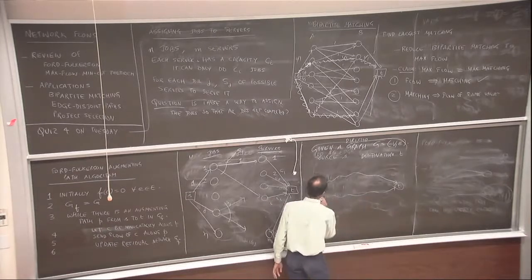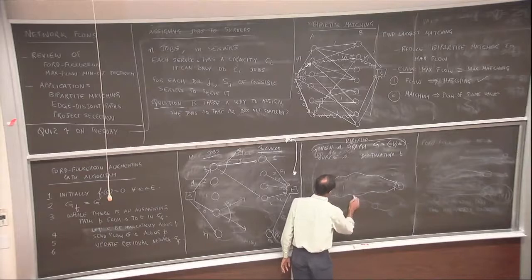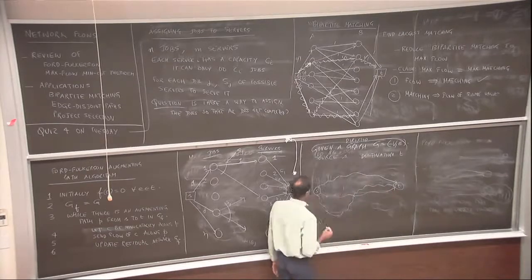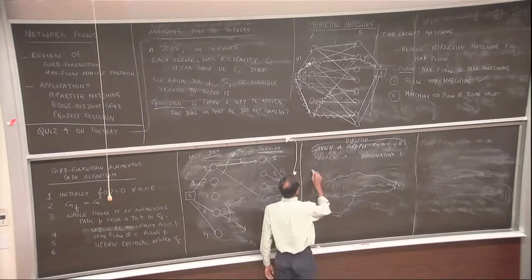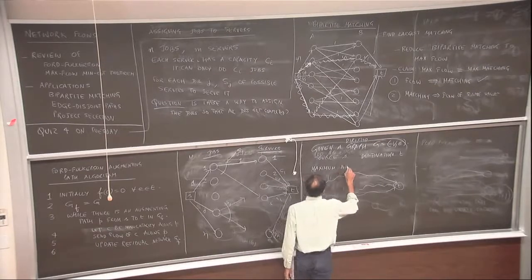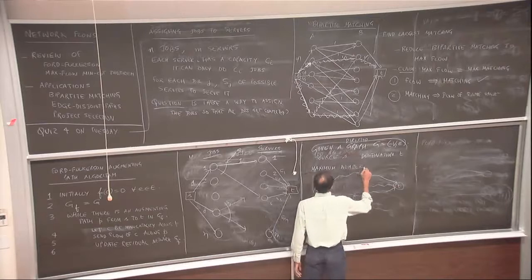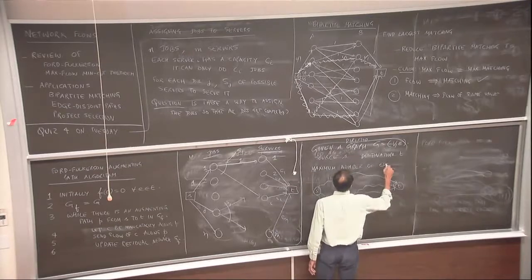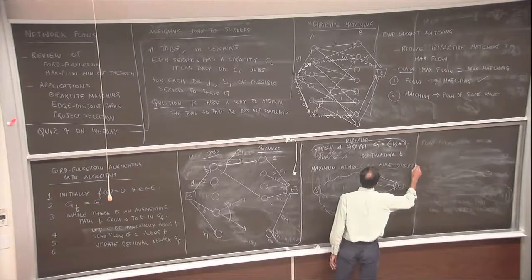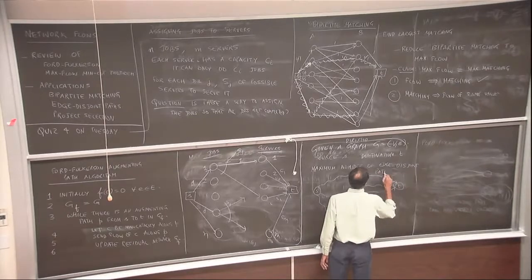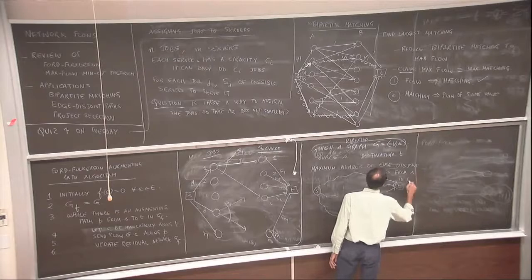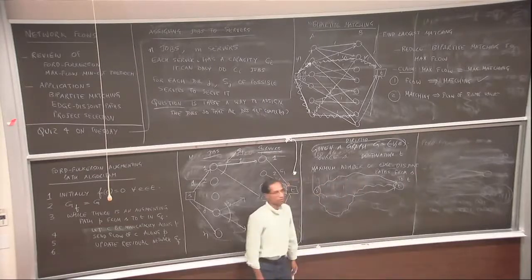And we will focus our attention on paths that are edge disjoint, and they can share vertices, but not edges. So you want to find the maximum number of edge disjoint paths from S to T.